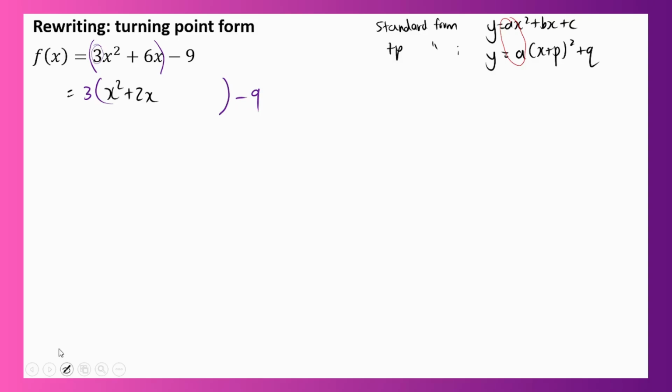Then we're going to do some manipulation. So how this works is whatever that coefficient is, you are going to divide it by 2 and square it. Because whatever that term divided by 2 and squared is going to make that bracket a perfect square.